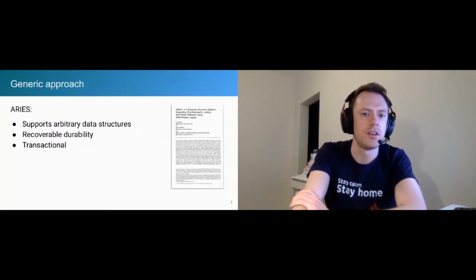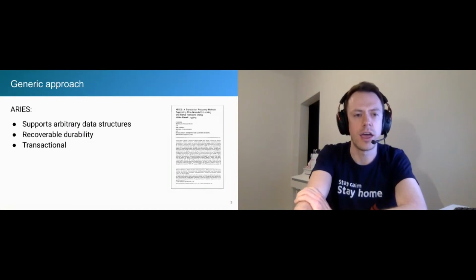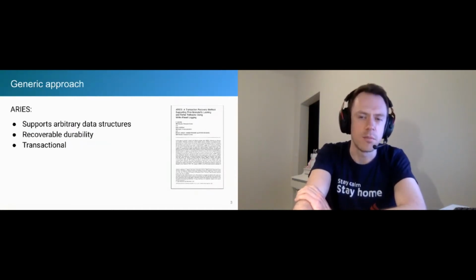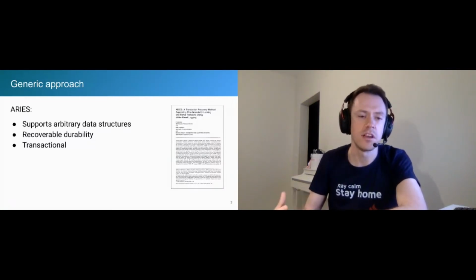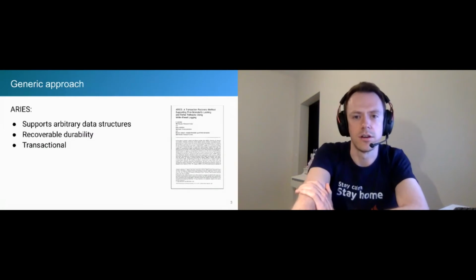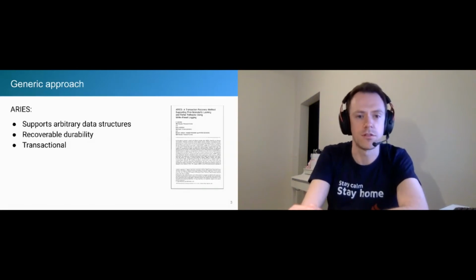So after initial research, we decided to employ the ARIES architecture. It's a well-known approach in databases, and it provides all the necessary requirements that we had at that moment. It supports arbitrary data structures.